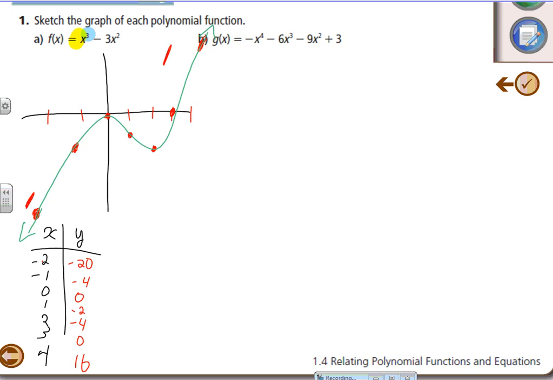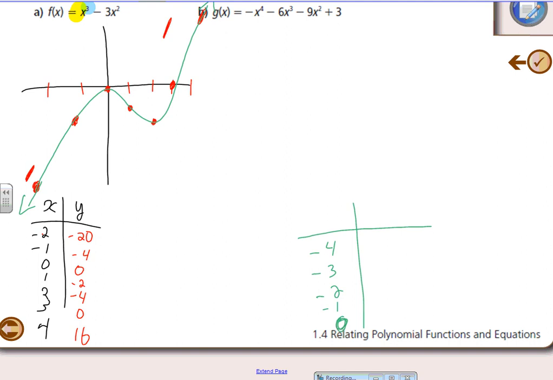Let's look at the second one. For the second one, if you want to get yourself ahead, I'm going to use for my table of values -4, -3, -2, -1, 0. You can use anything you want, but those are good ones to use. You'll see why. I'll also, just because I want to put a positive one as well, throw a 1 in there.